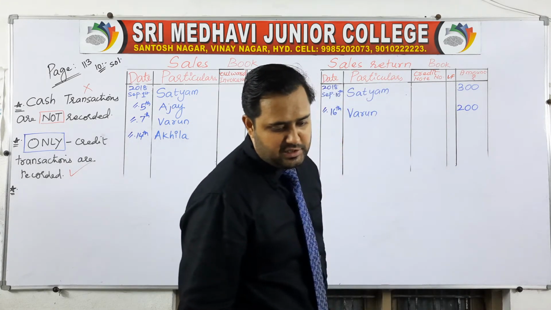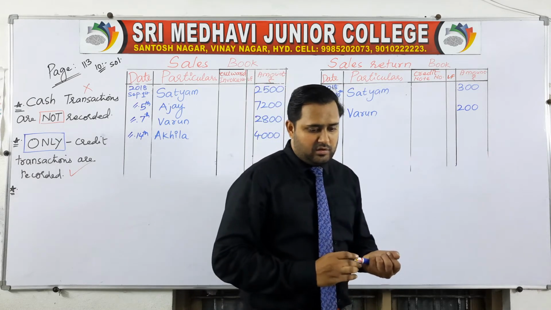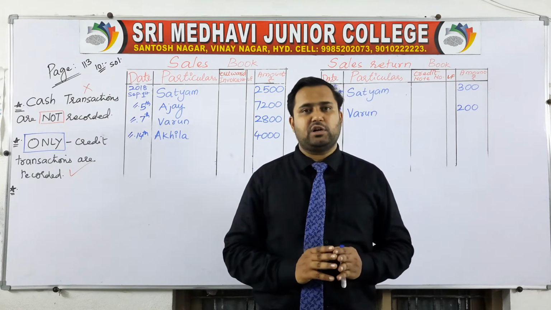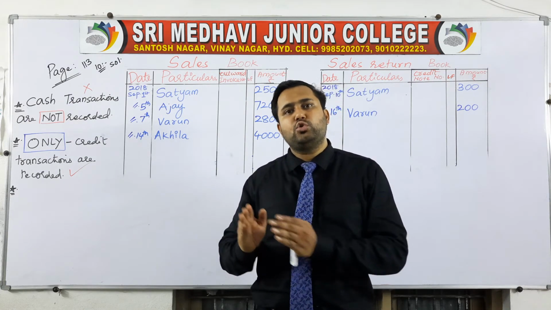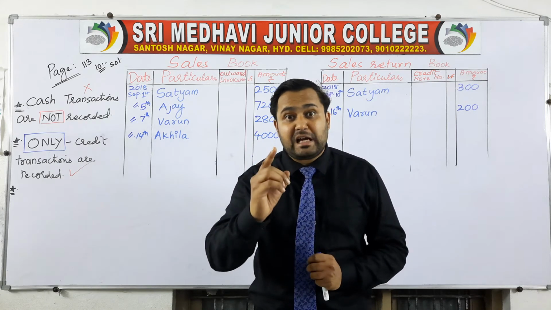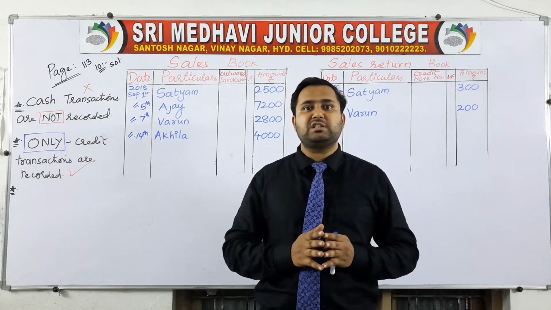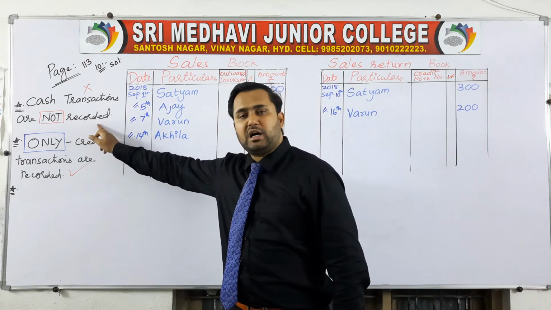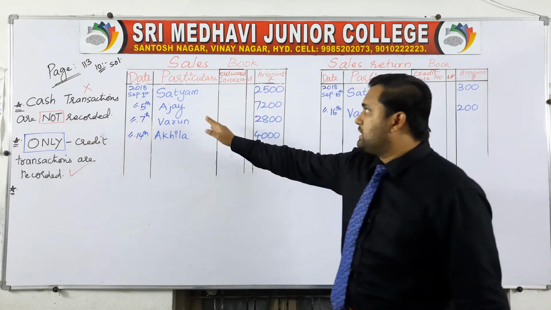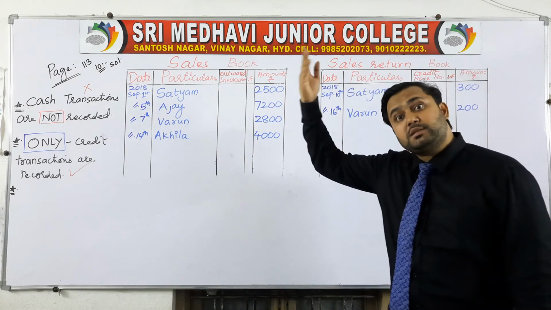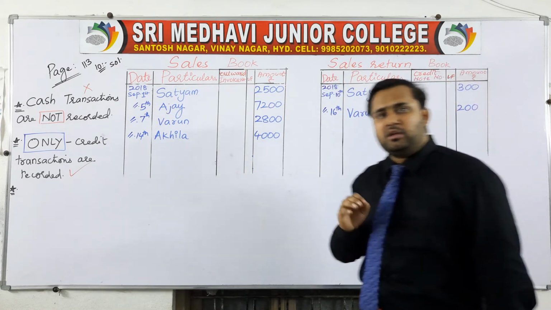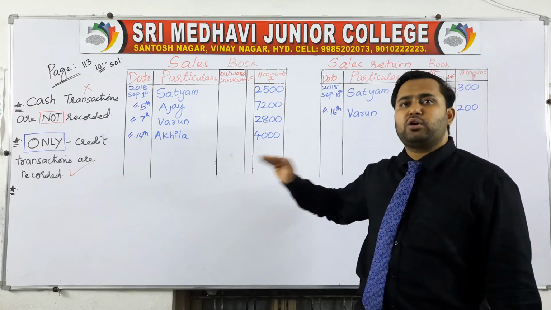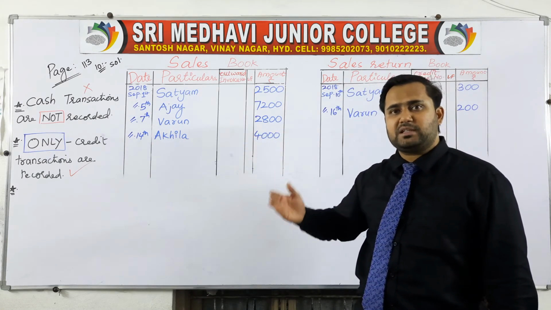Now the last transaction, 25th, goods sold to Karthik for cash, rupees 3,000. Cash transactions are not going to be recorded. Cash transactions are not recorded in sales book, sales return book, purchase book, purchase return book.